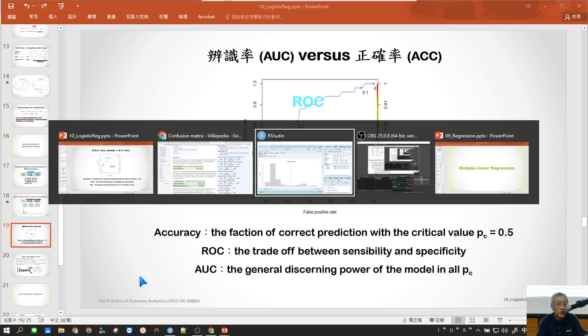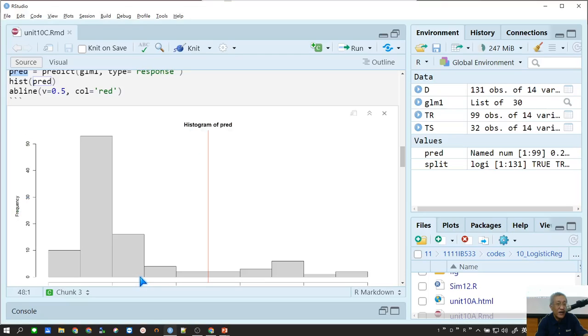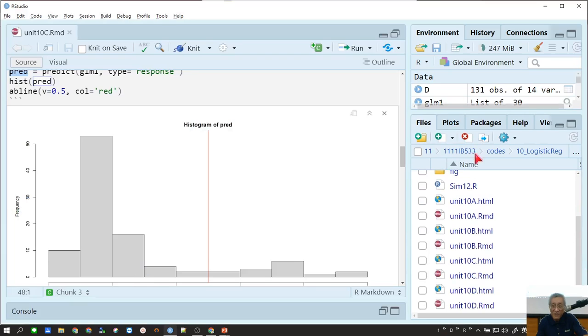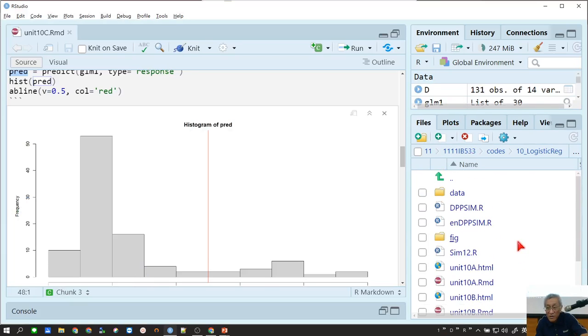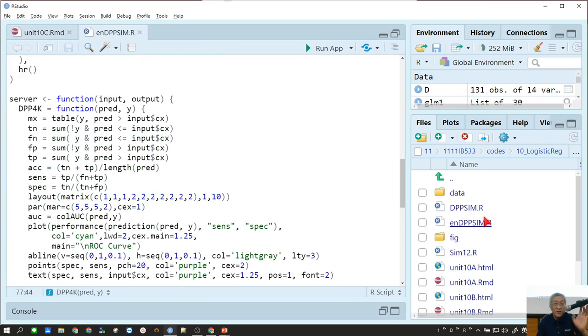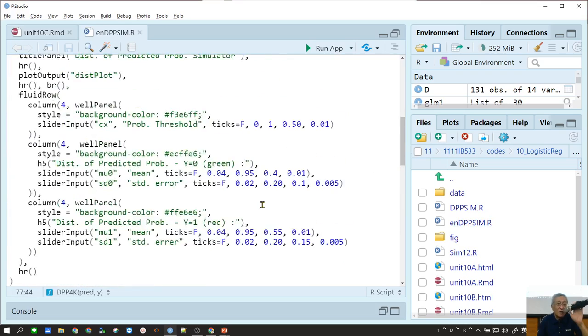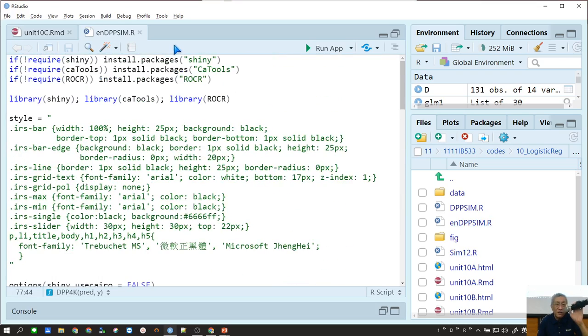In order to demonstrate the new way, I have a simulator here. In today's folder, there's a simulation app called ENDPPSIM.R. Try to run the app.